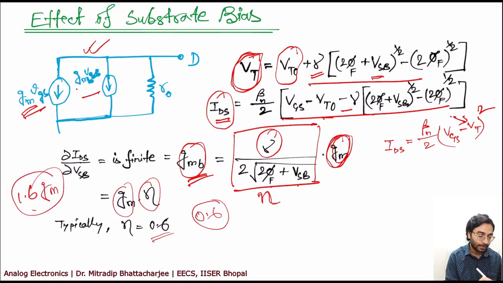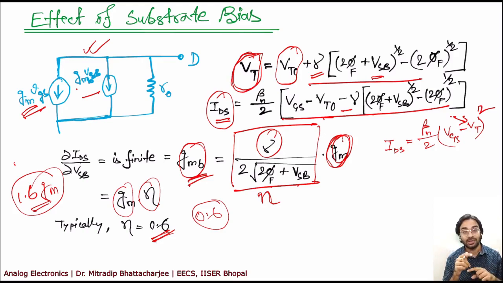You have increased the GM by using the substrate biasing. Okay, this eta value is typically 0.6. So you previously had GM, now you have another 0.6 GM, so you effectively have 1.6 GM.